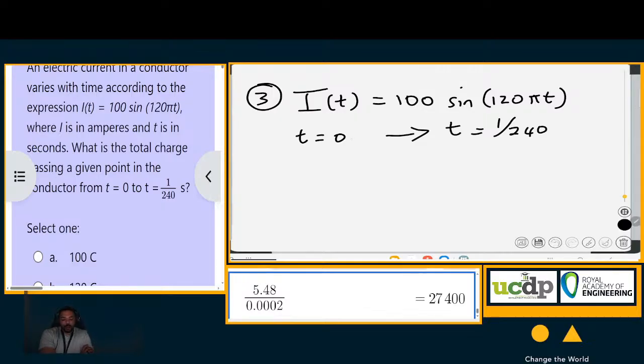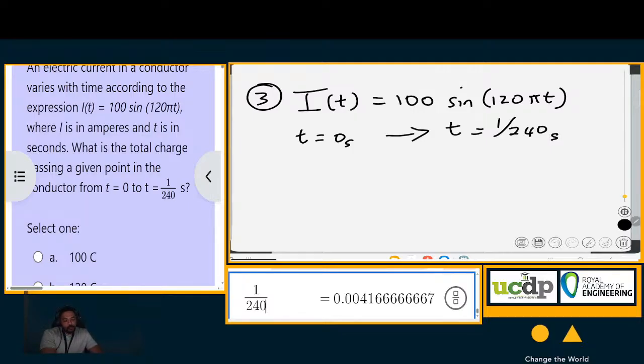So this is 1 second, and this is 1 over 240 seconds. Let's work it out on the calculator: 1 divided by 240 is 0.00416 seconds.